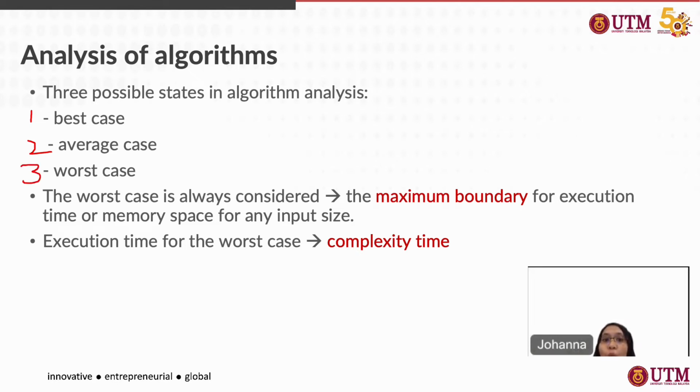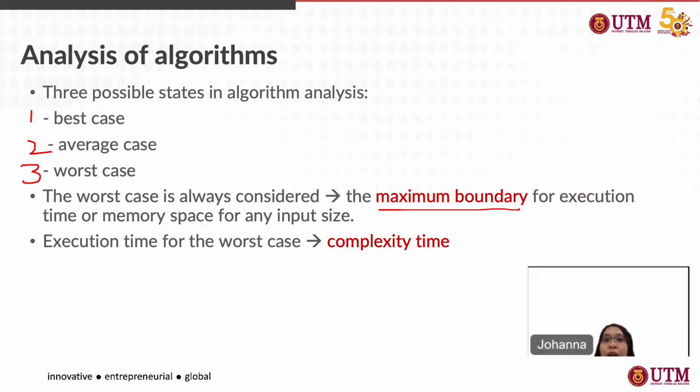And the worst case is always considered, meaning that it's the maximum bound rate for the execution time or memory space for any input size, because just now we were talking about efficiency, the cost measurement. We evaluate based on two things, time and space.